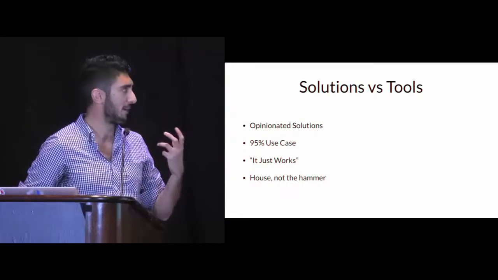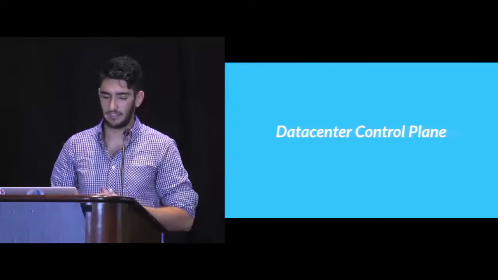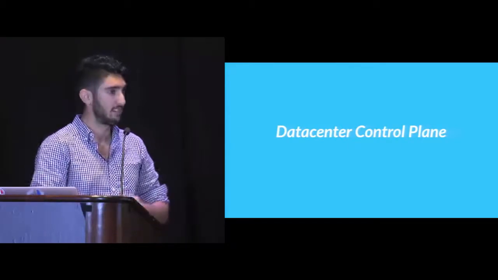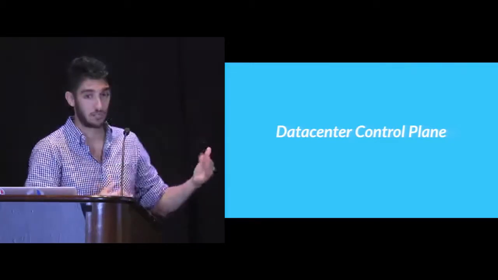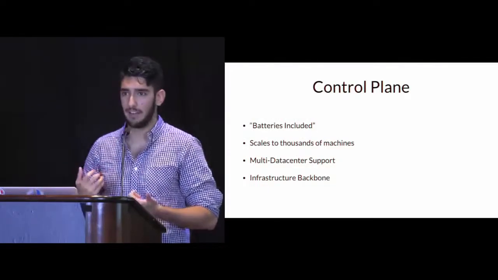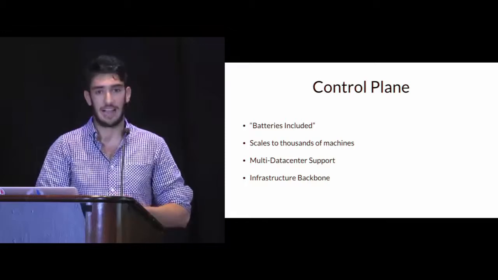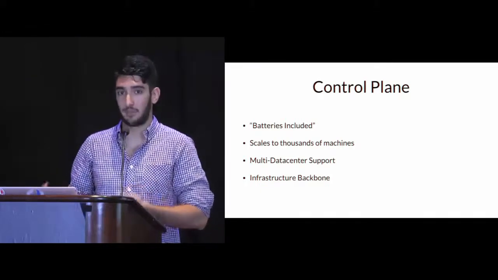When you think about it as a solution-oriented approach that provides all of these, we like to think about Consul as actually being the data center control plane. It is the one answer that provides all of the configuration and orchestration needs for the data center. It comes as a batteries-included control plane. It's not something where you have to figure out how to patchwork different systems together. It scales to thousands of machines.